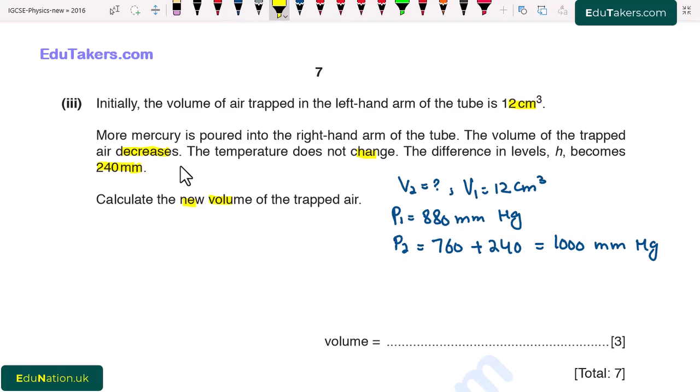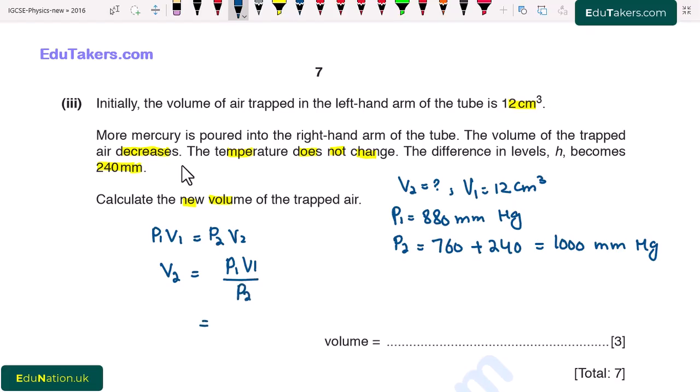It is also given that temperature does not change. Here temperature is constant. So by using Boyle's law, in which pressure is inversely proportional to volume at constant temperature, P1 V1 is equal to P2 V2. From here we have to find the value of V2. It will be P1 V1 over P2.